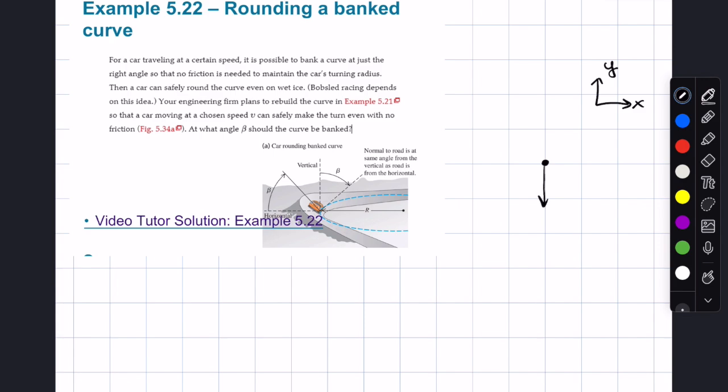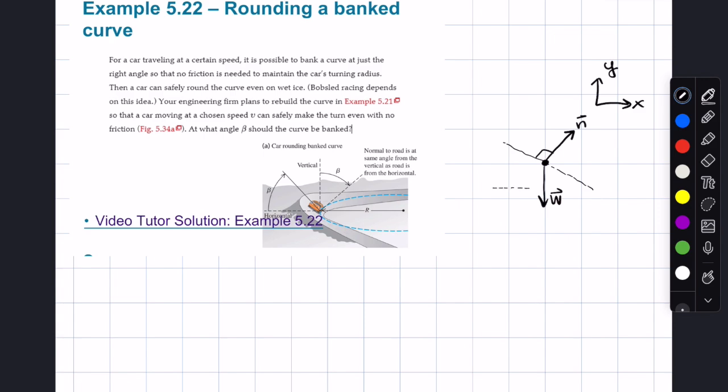So we can draw that weight vector straight down in negative y. And the road is banked, right? It's tilted, so I'm going to draw that inclined surface here so that I can apply my normal force correctly. So the normal force is going to be tilted like this. It's going to be perpendicular to the road, which is at an angle beta.